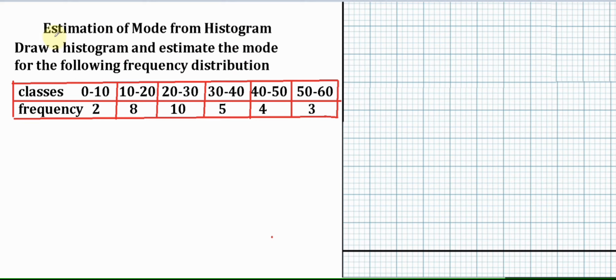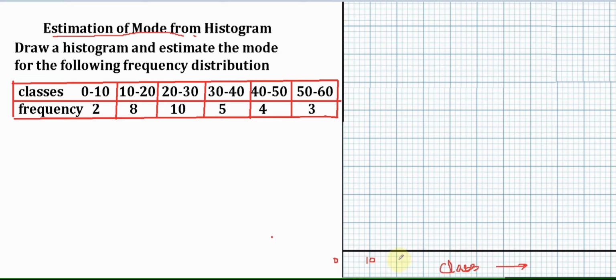Now here we have the topic estimation of mode from histogram. So we have to draw the histogram and then find out the mode. To draw the histogram we need to take a graph paper, and here you always draw the classes. Now classes start from 0.